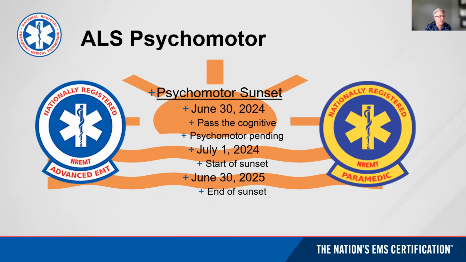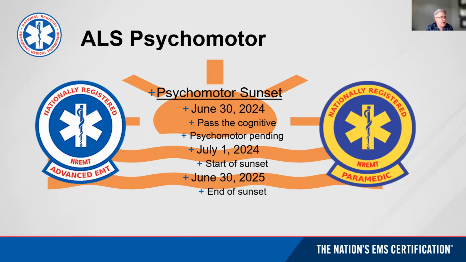That will be July 1, 2024 until June 30th of 2025. They'll have 1 year to get that psychomotor examination done. If they don't get it done by June 30th, 2025, they will have to take the new examination. But they can take the new examination July 1st and never have to do the psychomotor examination.